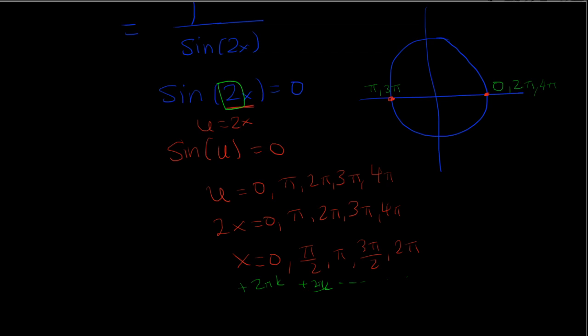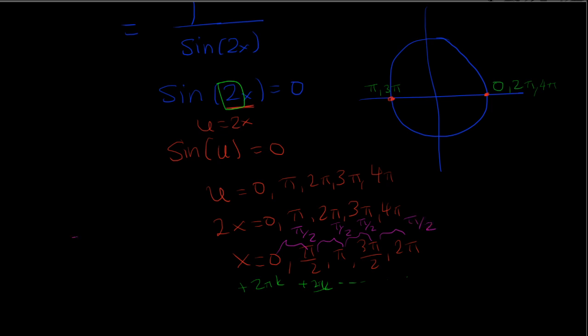So what we're going to do is notice that they're all pi over 2 units away from each other. Right? From 0 to pi over 2 is pi over 2. Pi over 2 to pi is pi over 2. Pi to 3 pi over 2 is pi over 2. And then 3 pi over 2 to 2 pi is pi over 2.